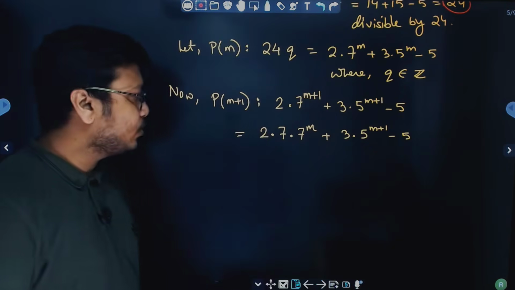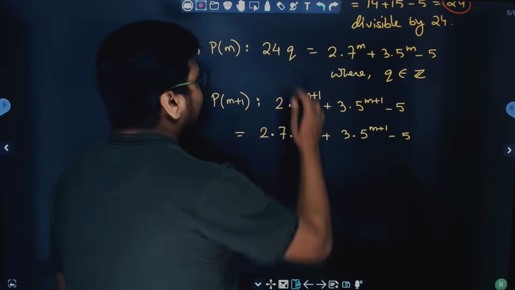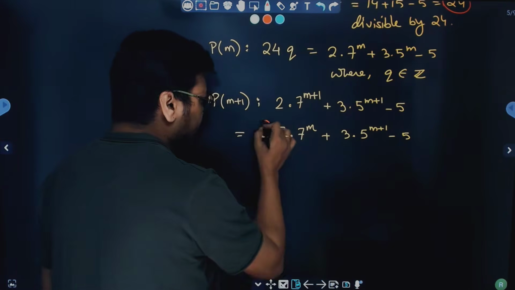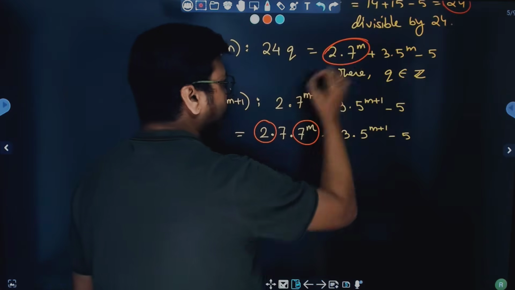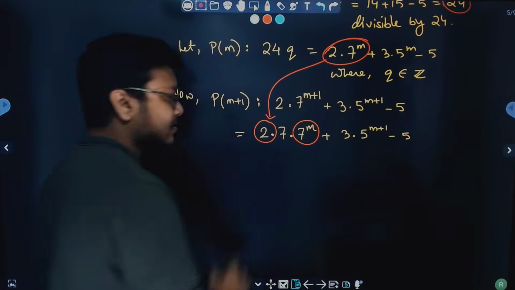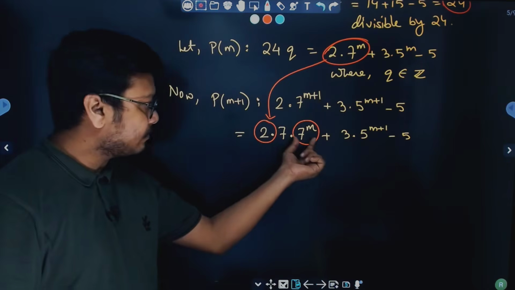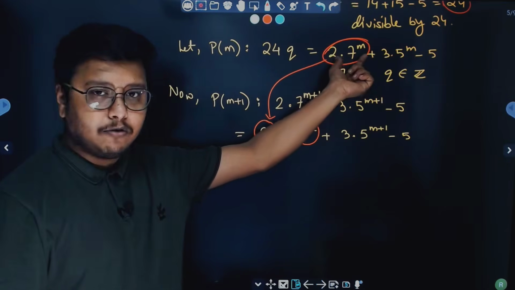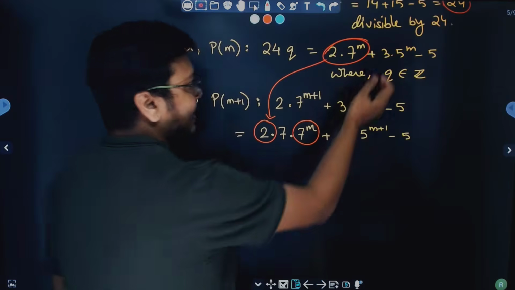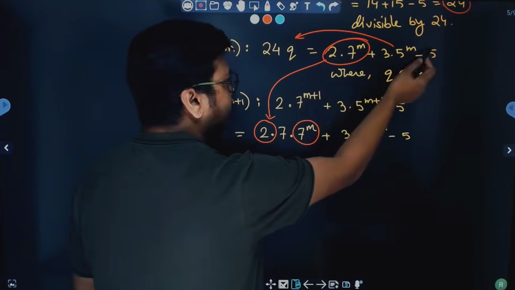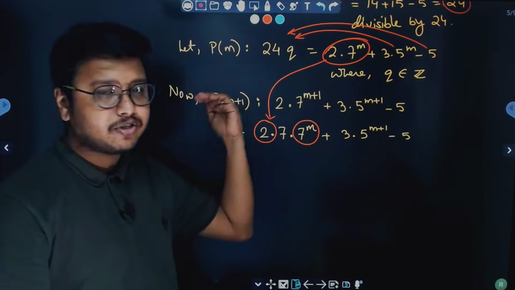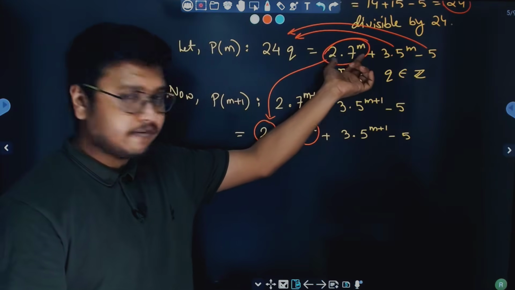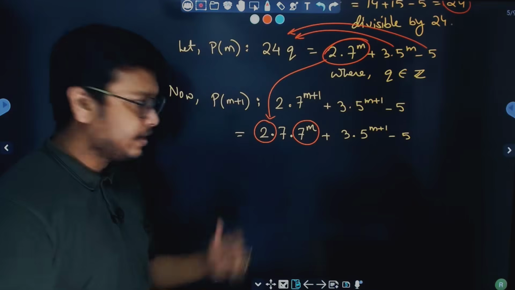The reason for doing this is that I can substitute the value 2 times 7 to the power m right from here. I'll get the value from the previous line by sending off these two terms to the left side, and the value of 2 into 7 to the power m, I'll substitute over here.